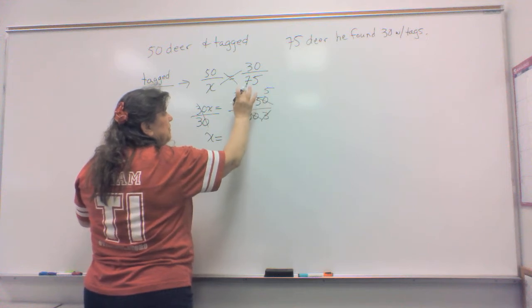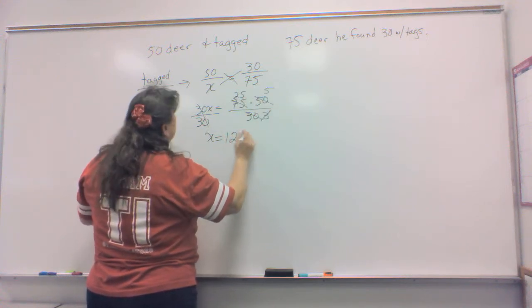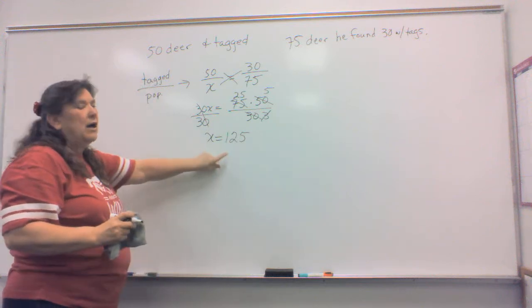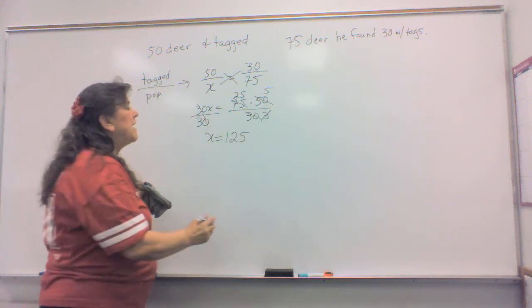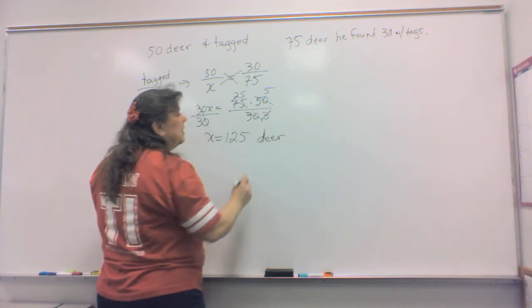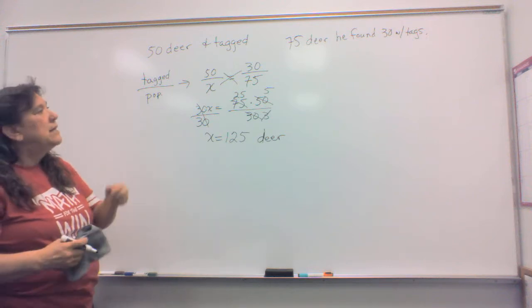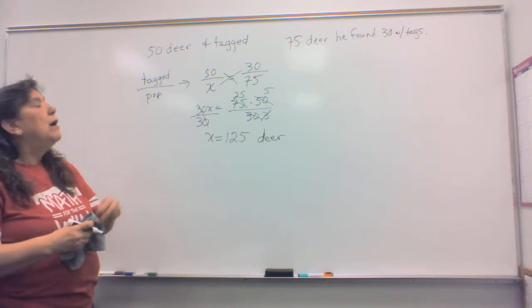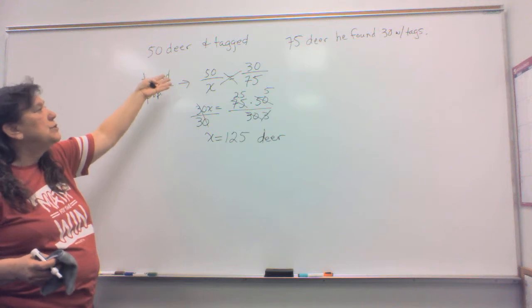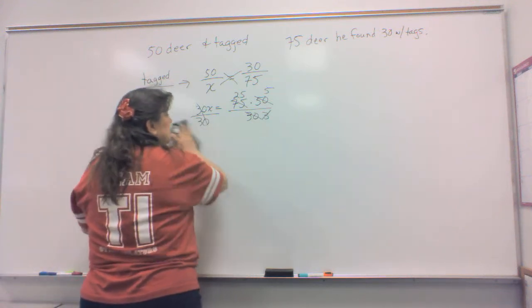So I am left with 5 times 25, which means that we have a population in that area of 125 deer. So you do have to label these because we are talking about word problems. So this is one way to use proportions to solve an application problem.